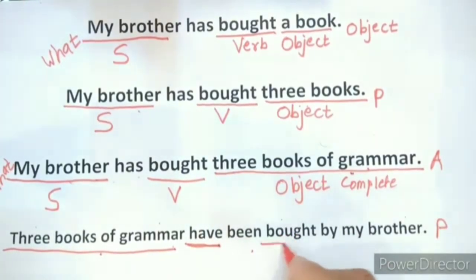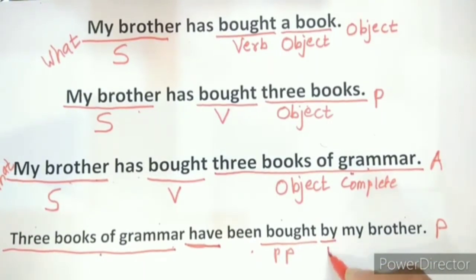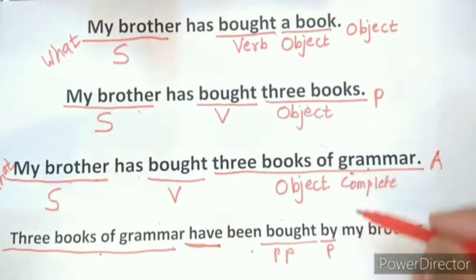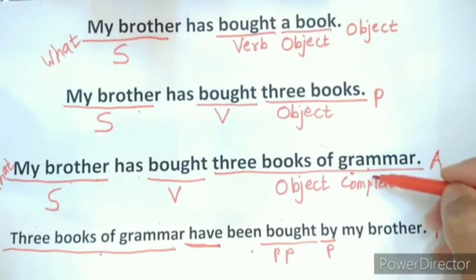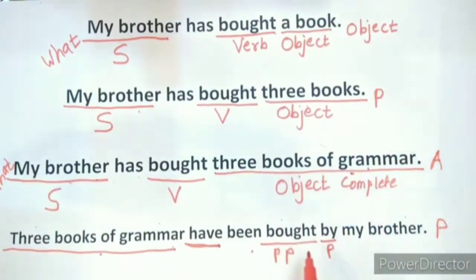And again we have here past participle form of the verb, and after past participle form we have to use preposition by, and then we have to write down this subject at the end of the passive voice. So this is how the sentence from active voice is transformed into the passive voice.